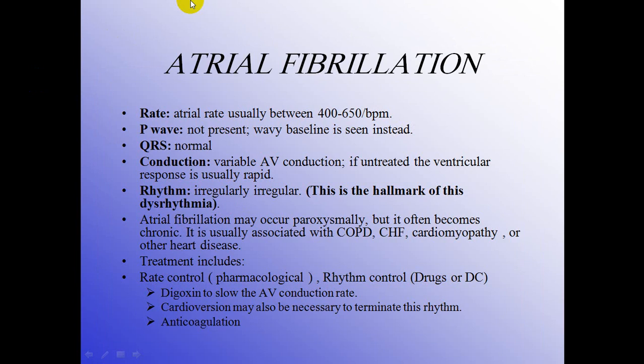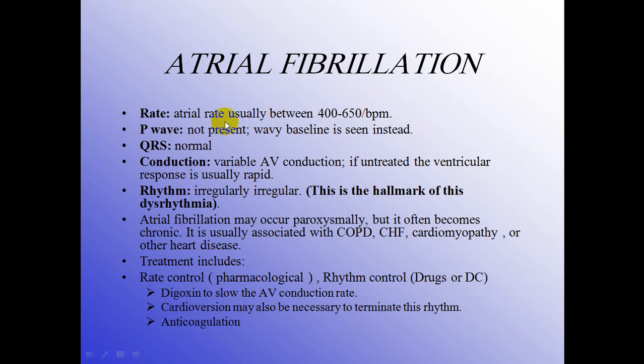Now come to atrial fibrillation, the most common rhythm in the diseased heart, the most common rhythm in admitted patients with heart disease. The atrial rate is usually between 400 and 650, but not all of this atrial rate passes to the ventricle.